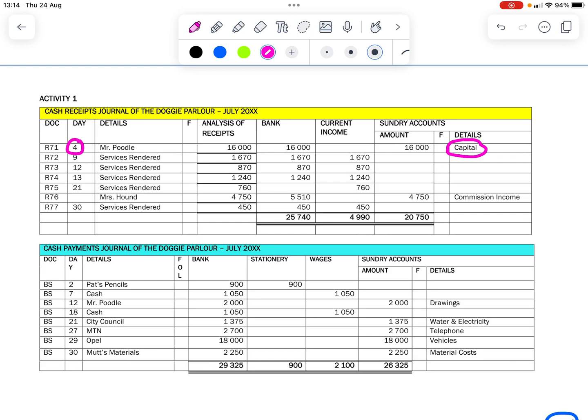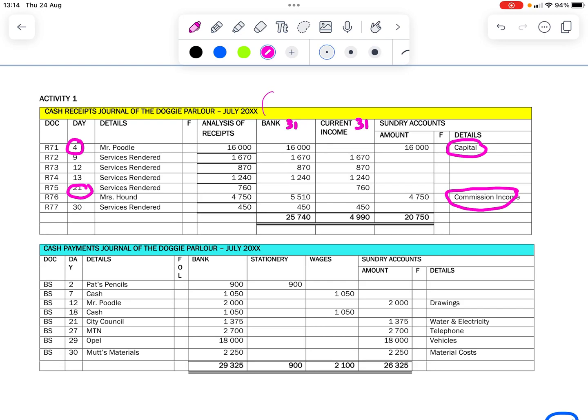Now, what's important to remember before we go into that is if an account like bank has its own column, we will use the last day of the month. The same for current income when we work in those general ledger accounts. When we work in capital, as it appears in sundry, we'll use the 4th, the date that it took place on. The same thing with our transaction on the 21st for commission income. We would also use the date it took place on.